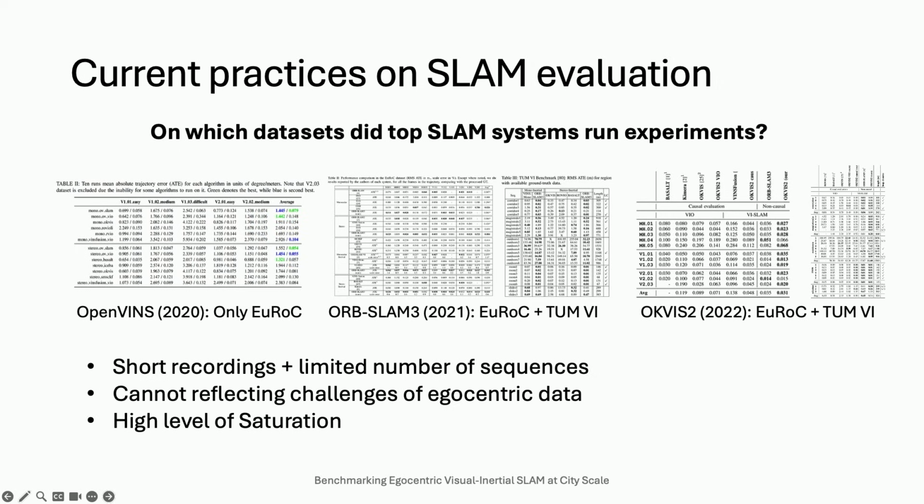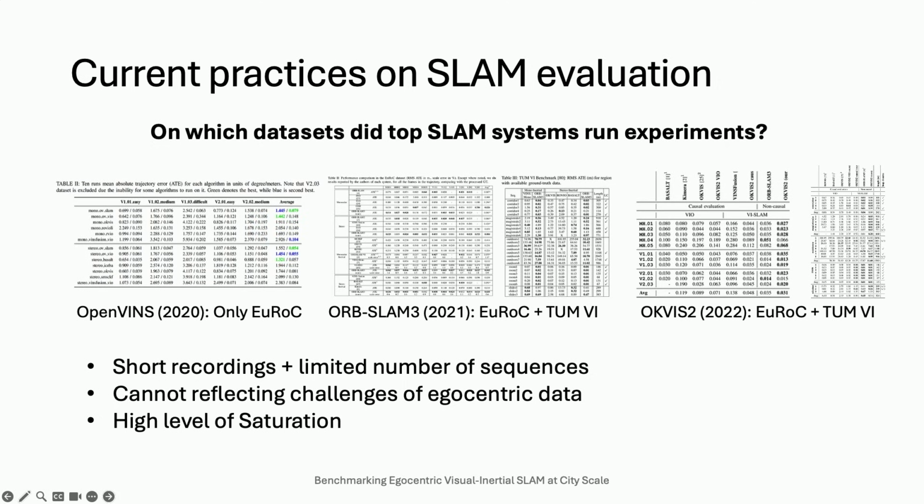This actually shows a high risk in the current status of the development of the SLAM community, because all these datasets are small scale and do not reflect the challenges of egocentric data. They also cannot reflect the limitations in fine-grained drift, which comes to, for example, centimeter level in a kilometer level trajectory.